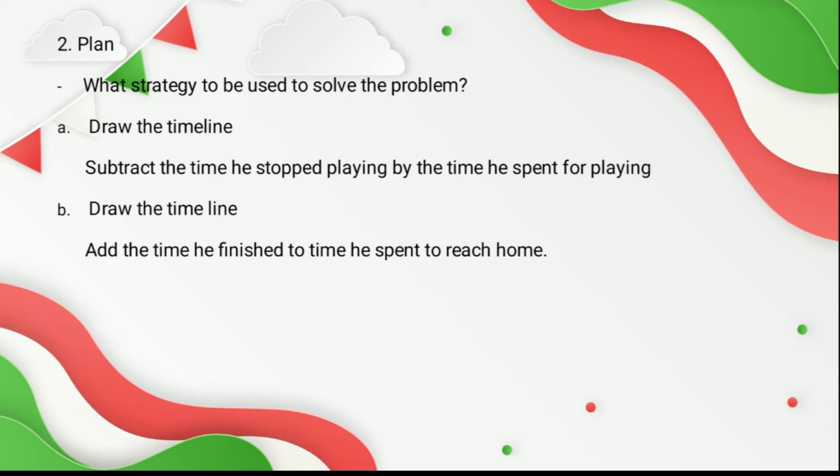Option B. Draw the timeline and add the time he spent to reach home to the time he finished. Writing the number sentence. Option A: 4:35 subtract 3:25. Option B: 4:35 plus 1:10.